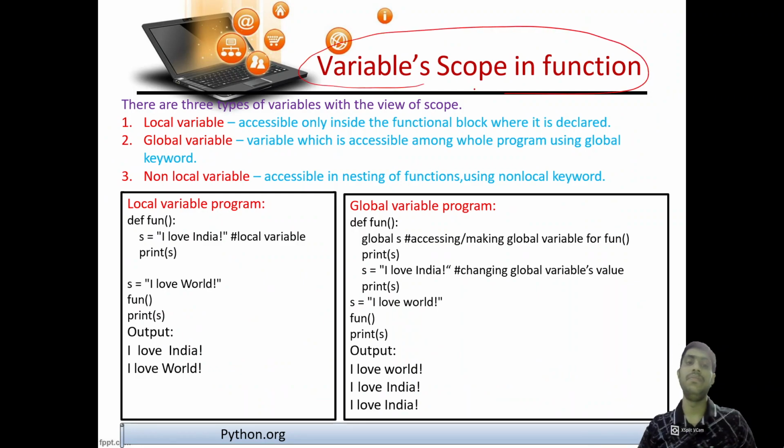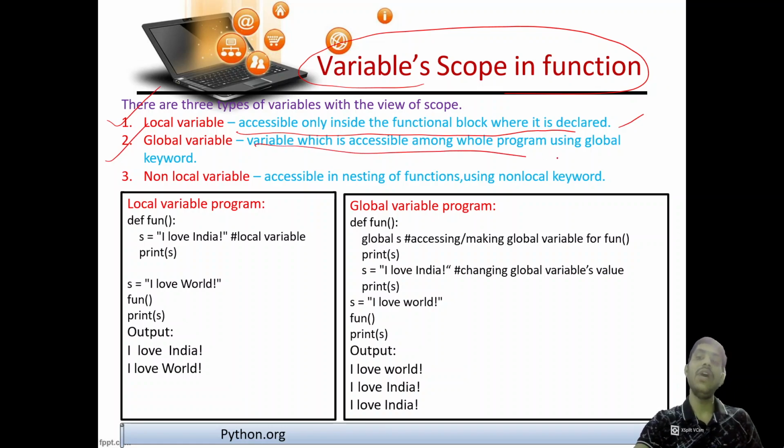Okay. Then variable scope in the function. There are two types of variables in a function. One is a local variable, accessible only inside the function block where it is declared. The other is a global variable, accessible anywhere in the whole program using the global keyword. You can see here we have taken one function, def function, I love in the local variable.